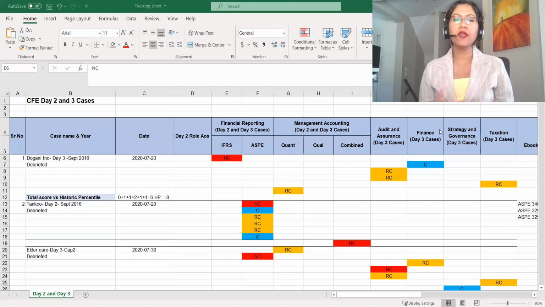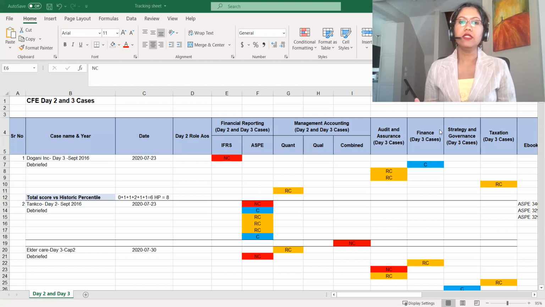There are some factors that need to be considered in a tracking sheet. First of all, track it subject wise, track it case wise, and then track your Day 2 and Day 3 separately. If you see the format, here is the case name and year, the date on which I have written the case or marked the case.